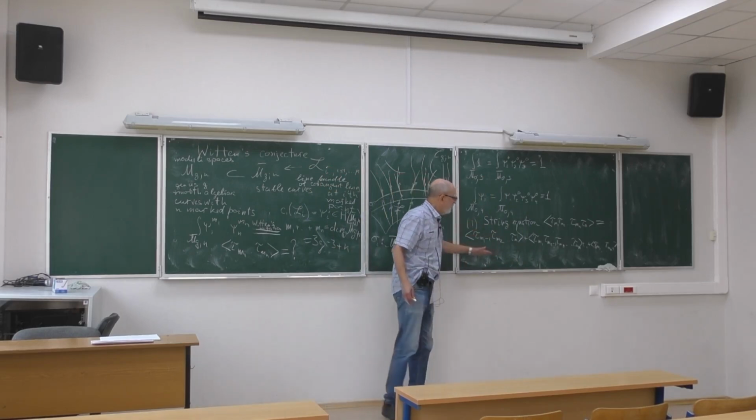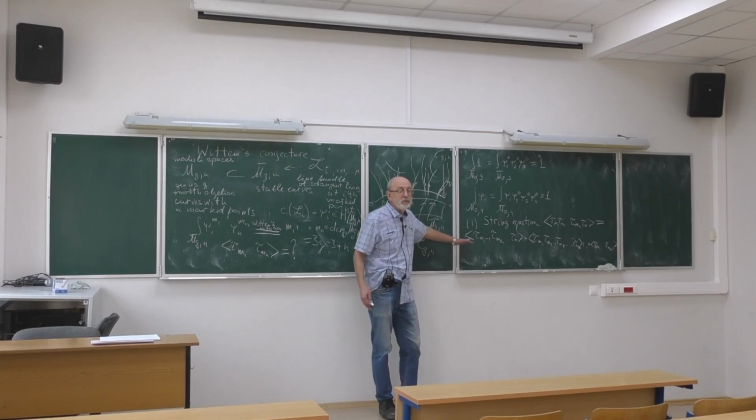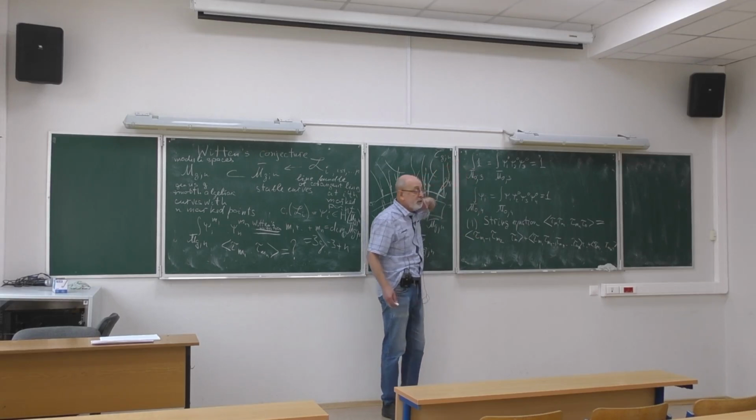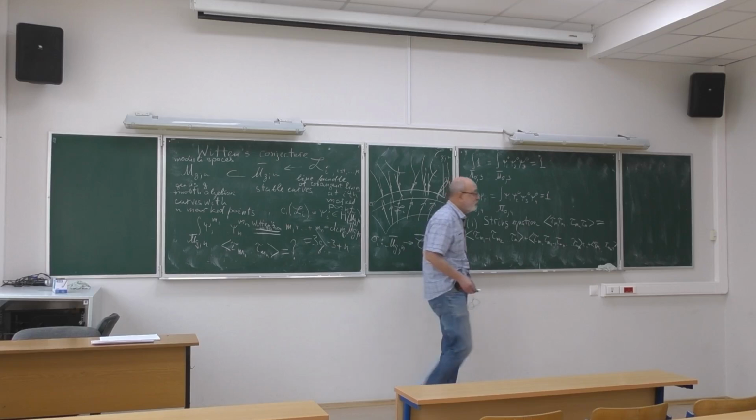This simple formula allows one to compute explicitly all intersection indices in genus 0.